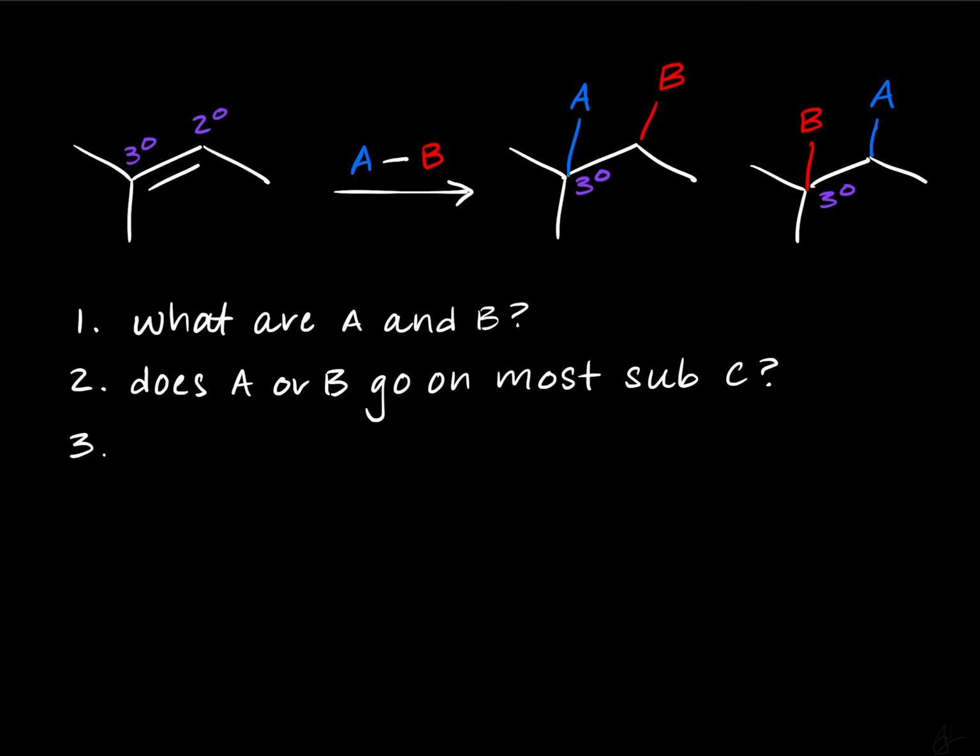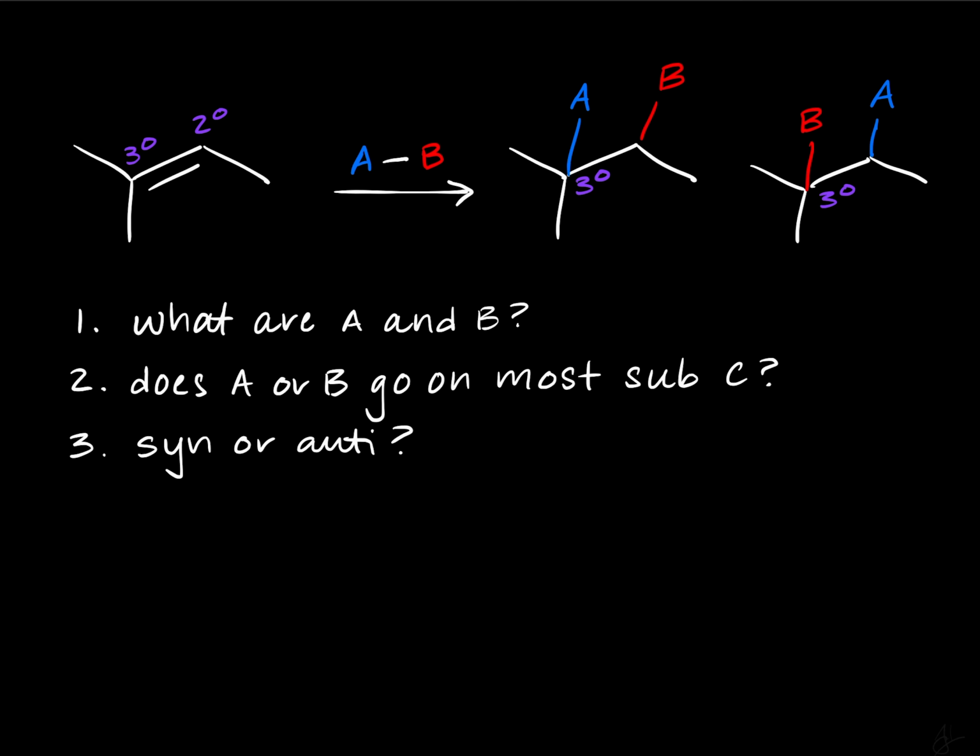The third thing you should ask yourself: do we do a syn or anti addition? I hope you remember from the conformations and our Newman projections, chairs, things of this nature, that groups can be on the same side of a molecule or on opposite sides of the molecule.